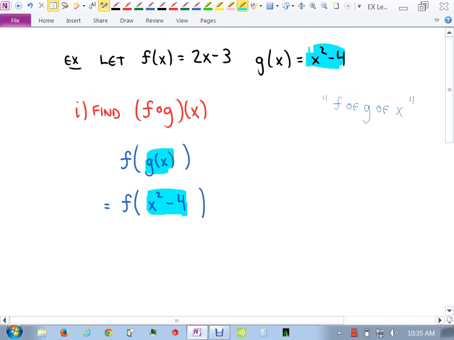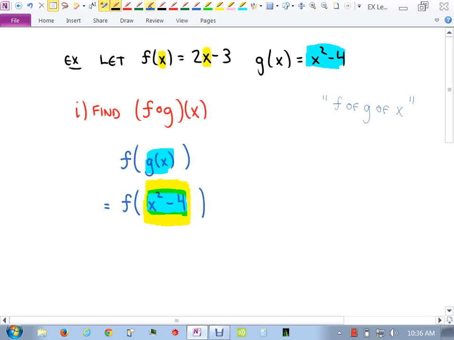That's what g of x is. So I replace that g of x with x squared minus 4. But now I'm supposed to take that and plug it into what? Into the f function, right? So this thing right here is now really the x in my f function, isn't it? It's what I'm plugging in there.